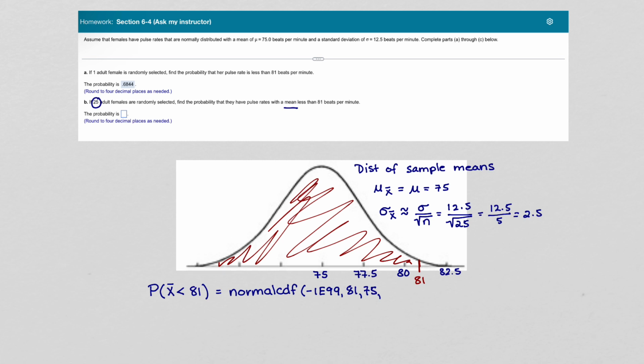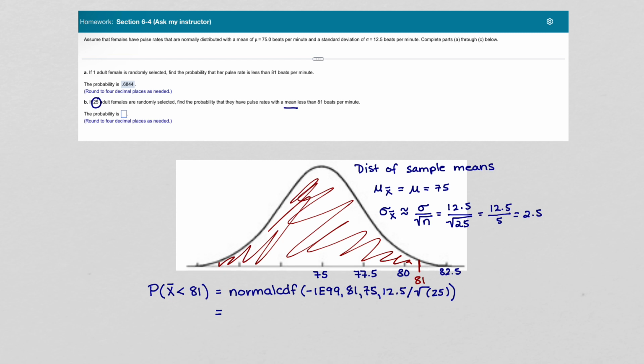So if I were typing this on the calculator, I would quite possibly just type in 12.5 divided by, and then hit the square root button and put 25 in there. Or you could put in the 2.5, whichever you prefer.